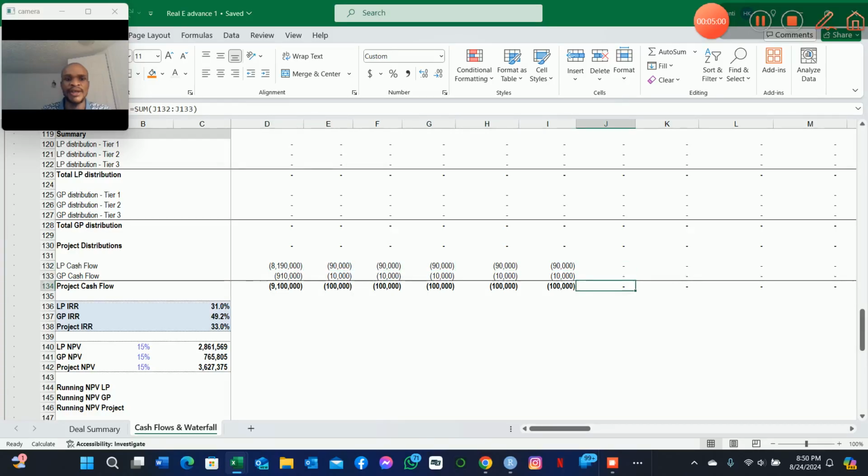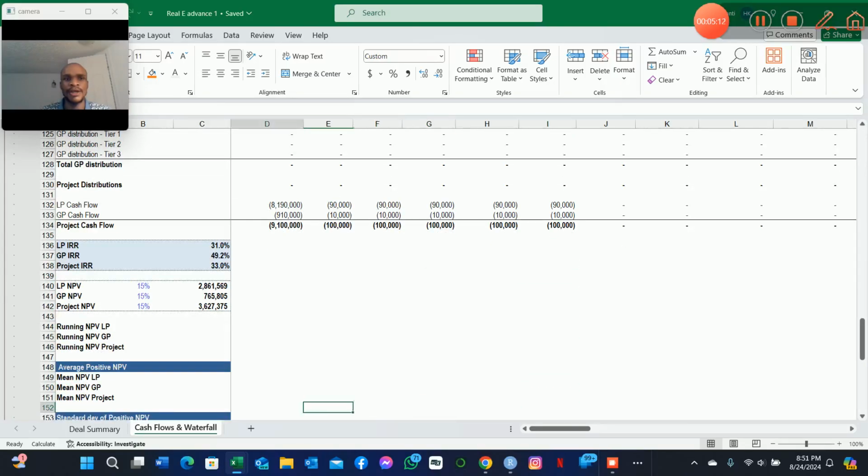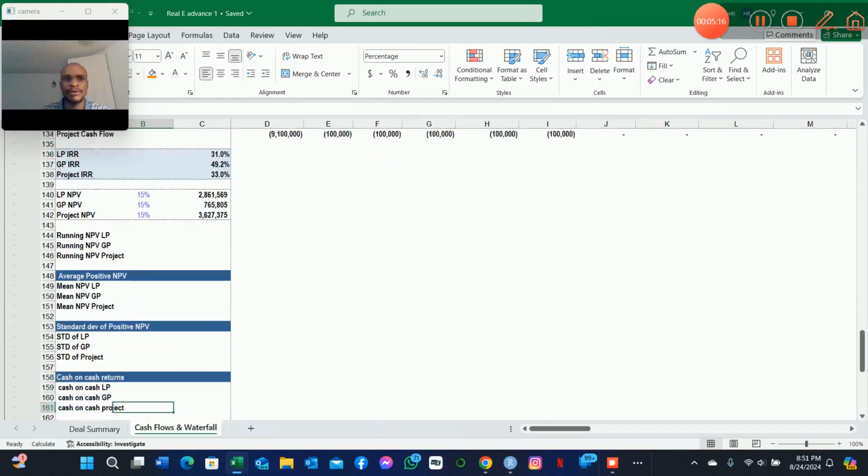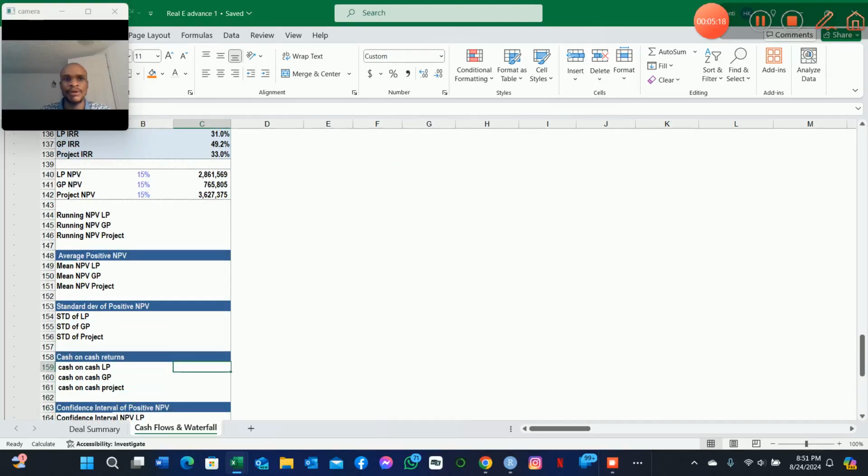So what is the number of times this initial capital investment to the total returns that they got as a result of the initial investment. So we have it set up here. The cash-on-cash returns.